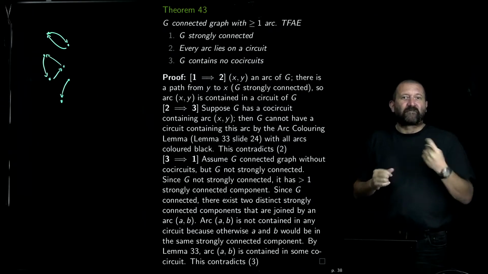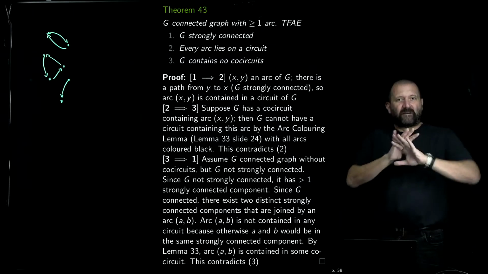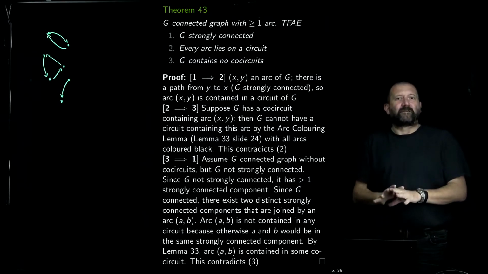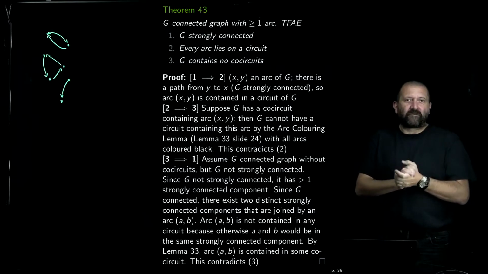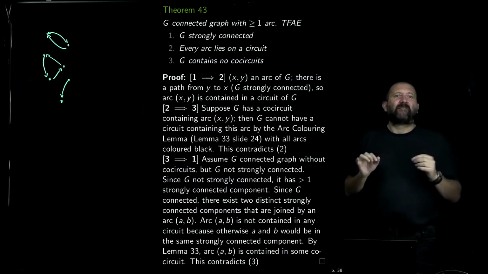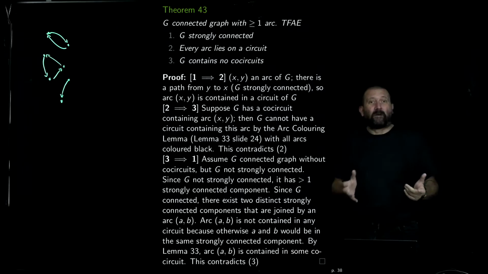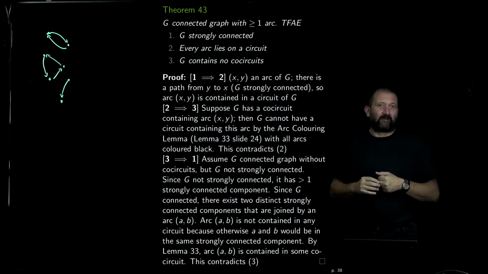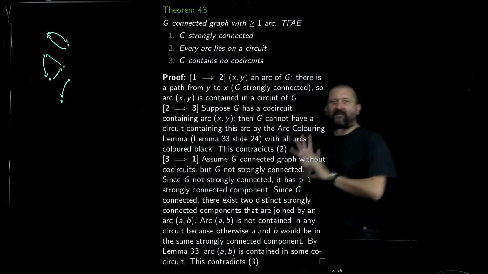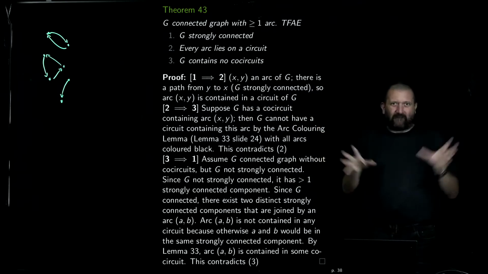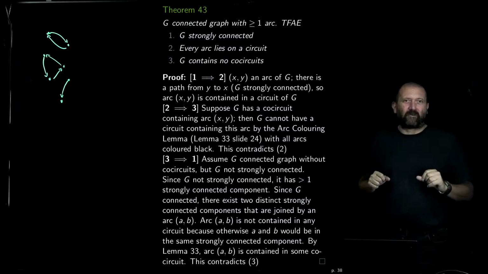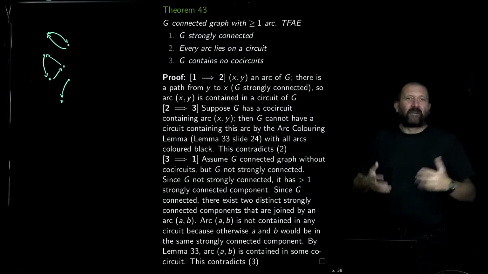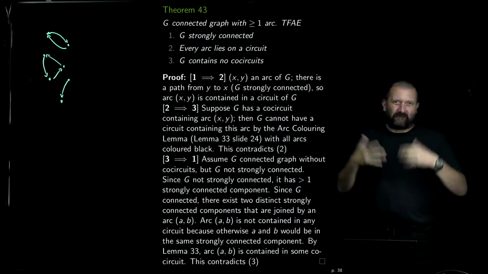As G is not strongly connected, there are at least two strongly connected components. The graph is strongly connected if I have a single strong component, and not strongly connected if I have more than one.